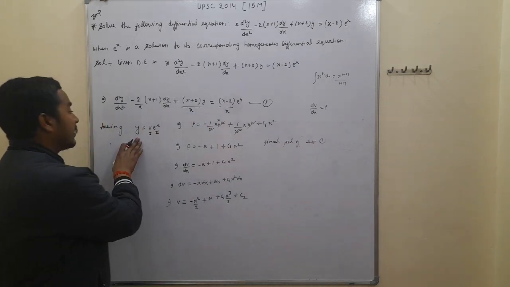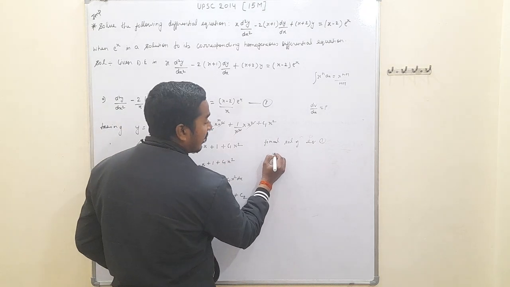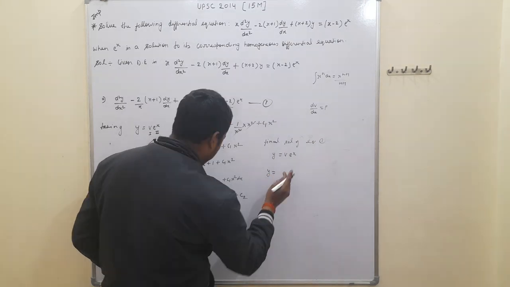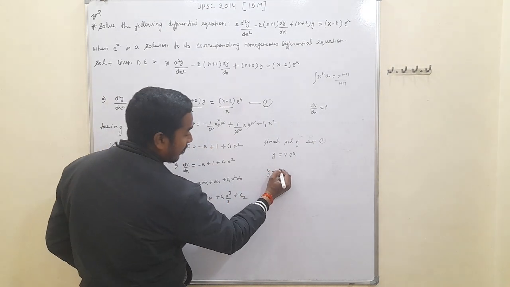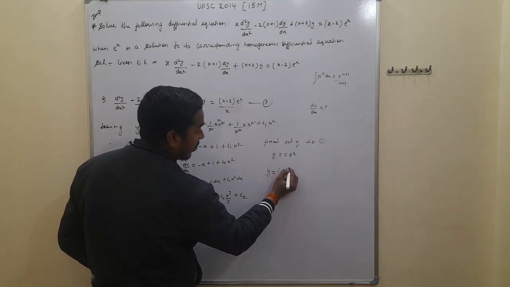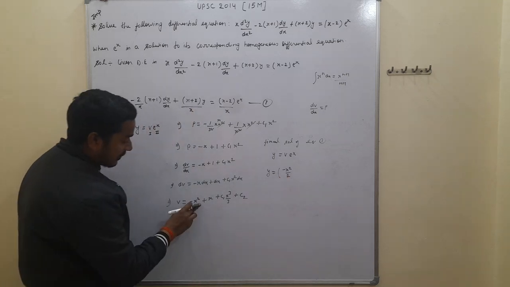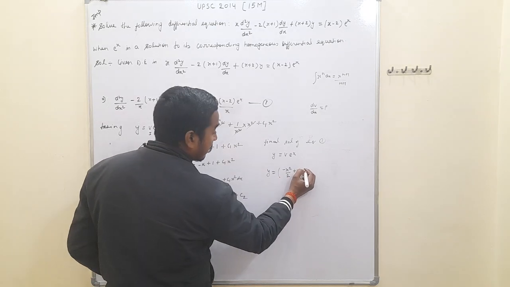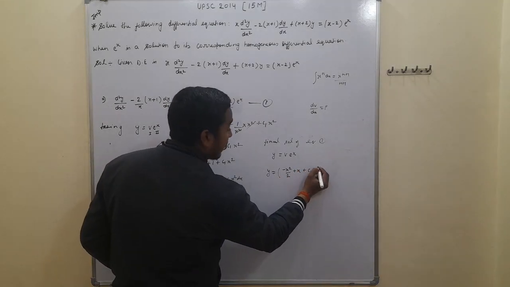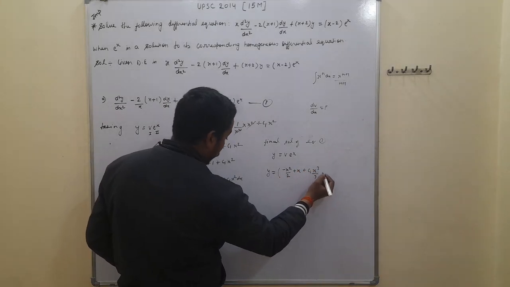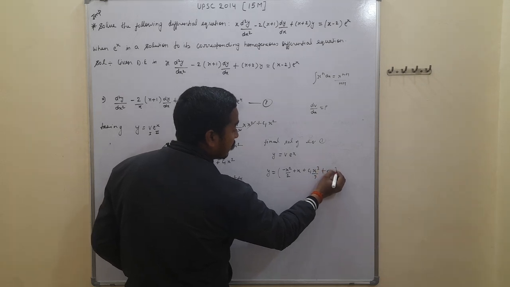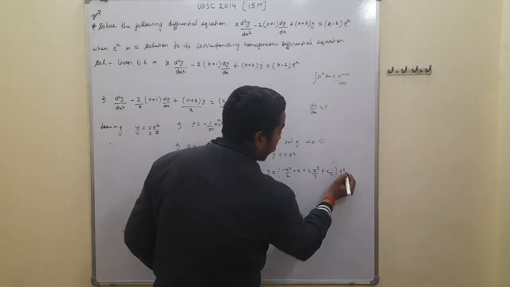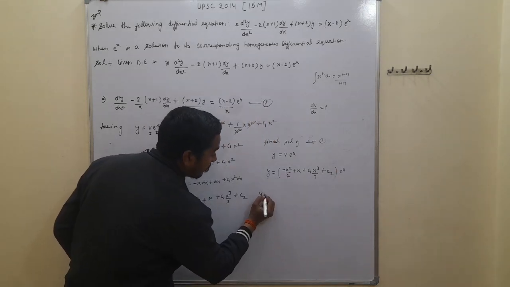We earlier let y is equal to v into e to power x, and we have to put here the value of v, which is given by minus x square upon 2 plus x plus c1 into x cube upon 3 plus c2, into e to power x, and we multiply in each part, we get the final solution.